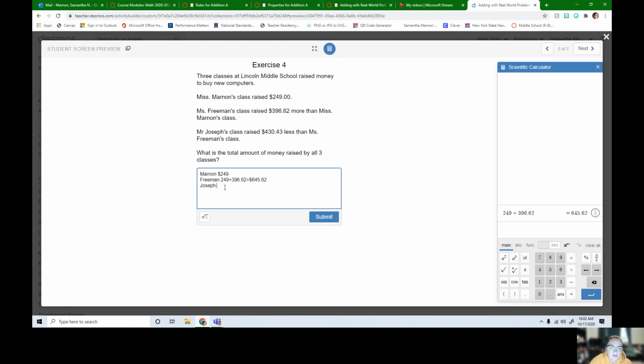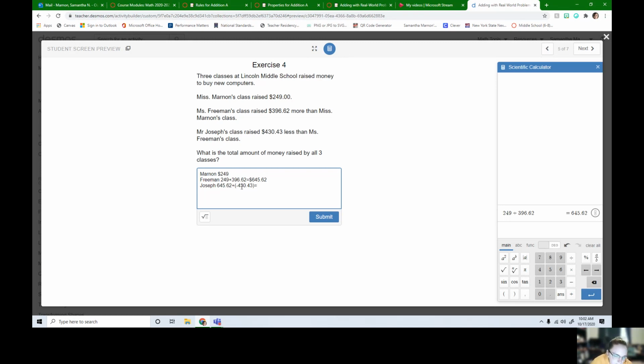Mr. Joseph's class raised $430.43 less than Miss Freeman's class. So if we started with what Miss Freeman got, Mr. Joseph got less than that. So that's going to be like adding a negative. So that's $430.43 less than. We can type this on our calculator.